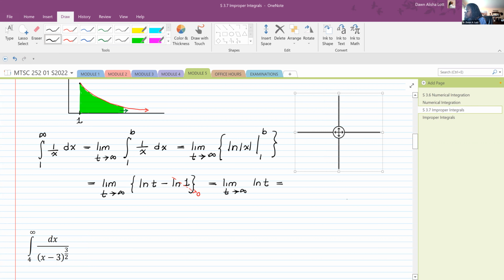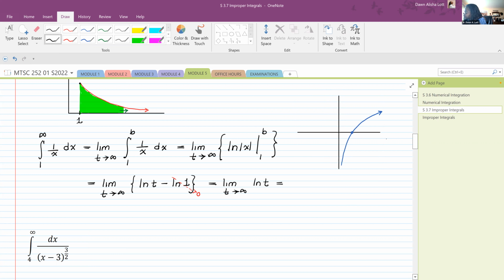Okay, so here's the logarithm function. The logarithm function looks like this. Okay, it goes to infinity as t goes to infinity.